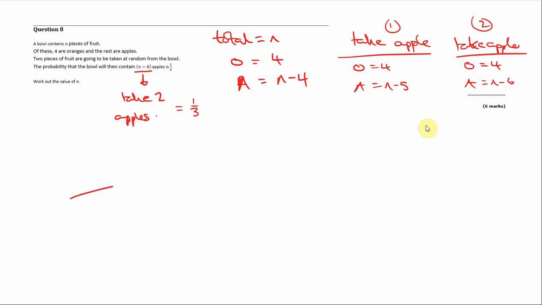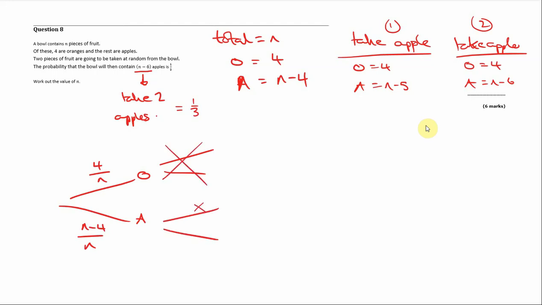So let's go ahead and do that. We'll do oranges and apples. Oranges is 4 out of n, because 4 oranges and n is the total. And this is n minus 4 over n. We don't actually care about this path, do we? And we don't actually care about that path on top. We only care about 2 apples. So if I take an apple, we'll have n minus 5 apples.